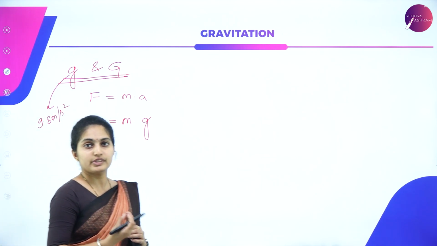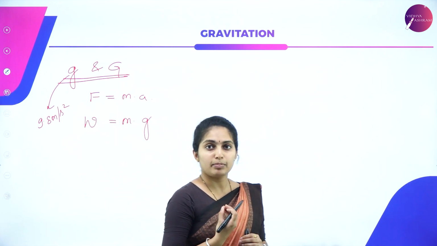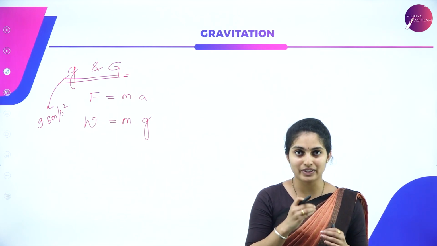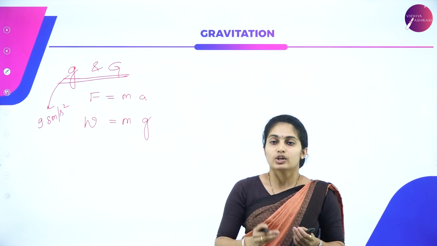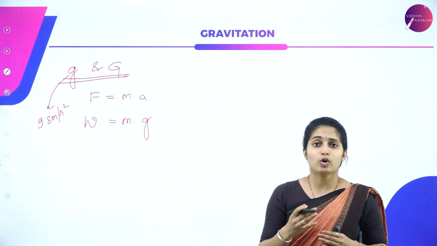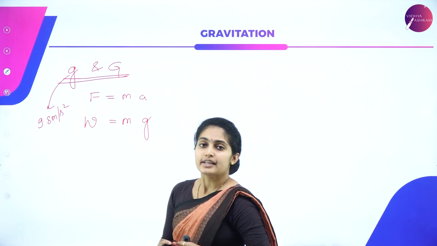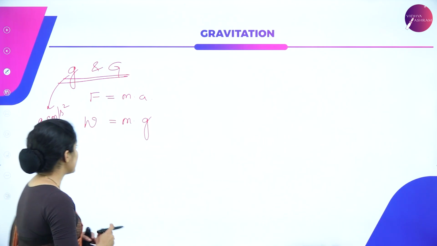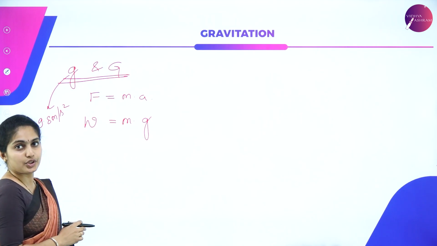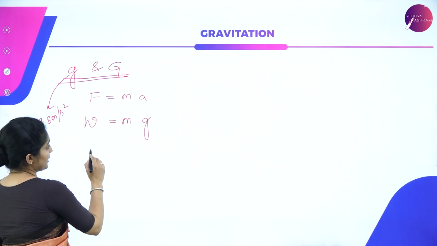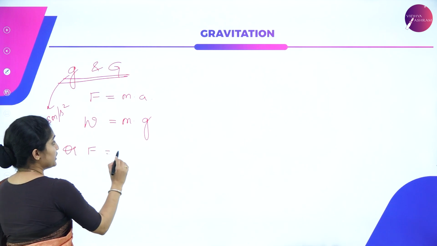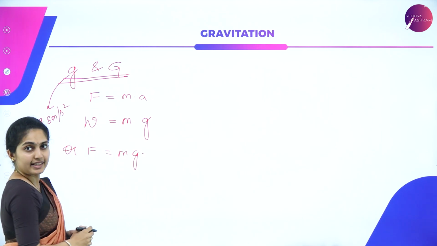The value of gravity differs from one place to another, from pole to the equator, but we can approximate it to one value, 9.8 meter per second square. So we have W is equal to m g, or F is equal to m g as well.